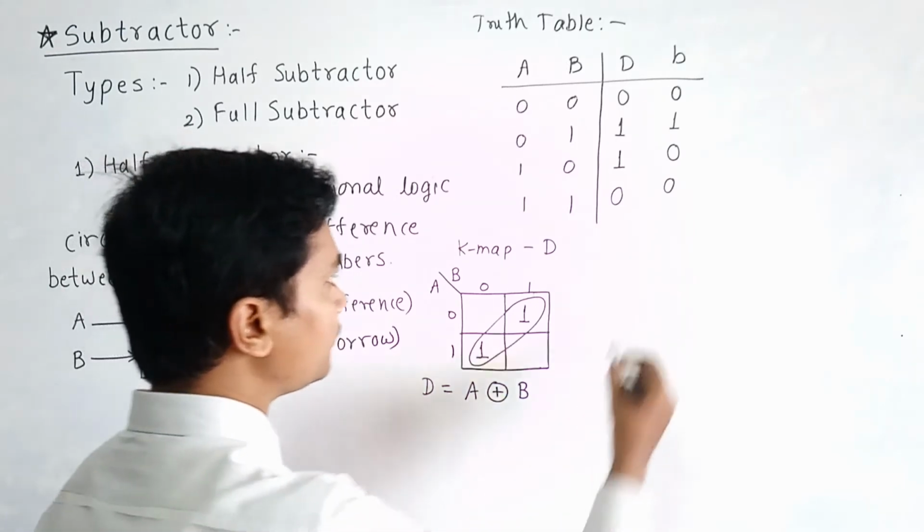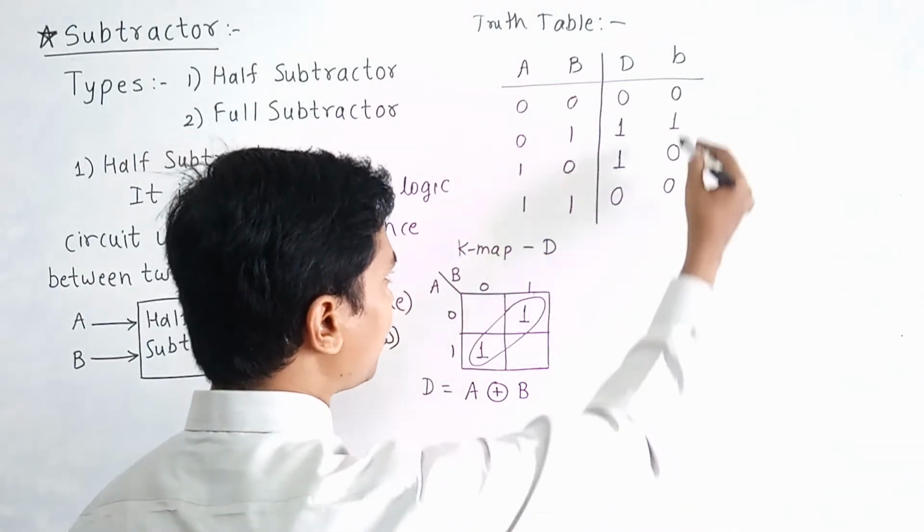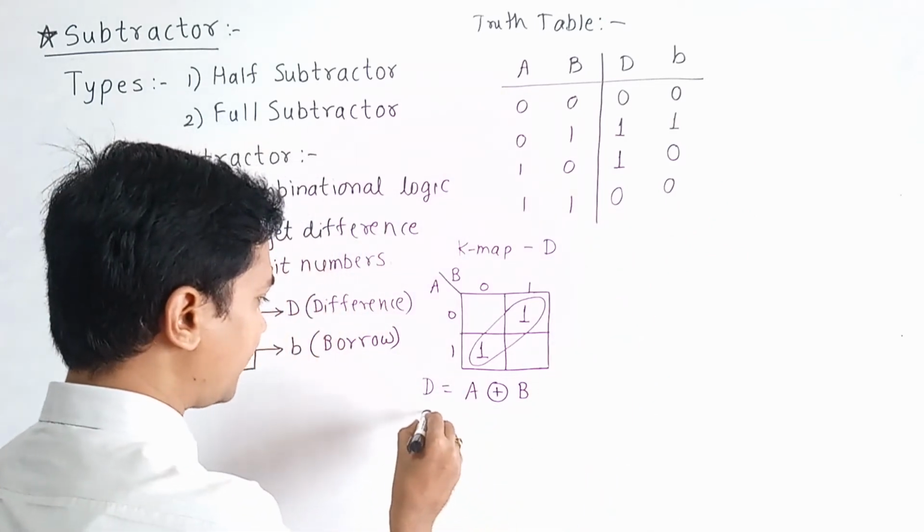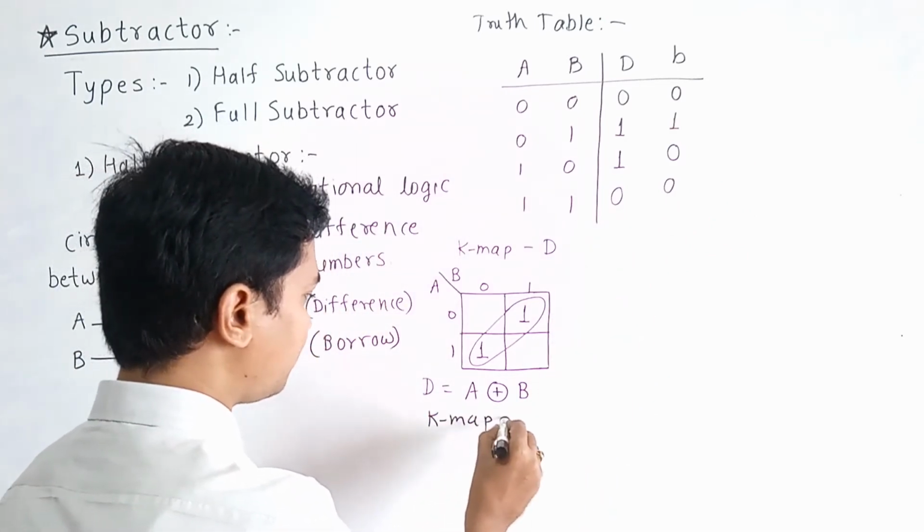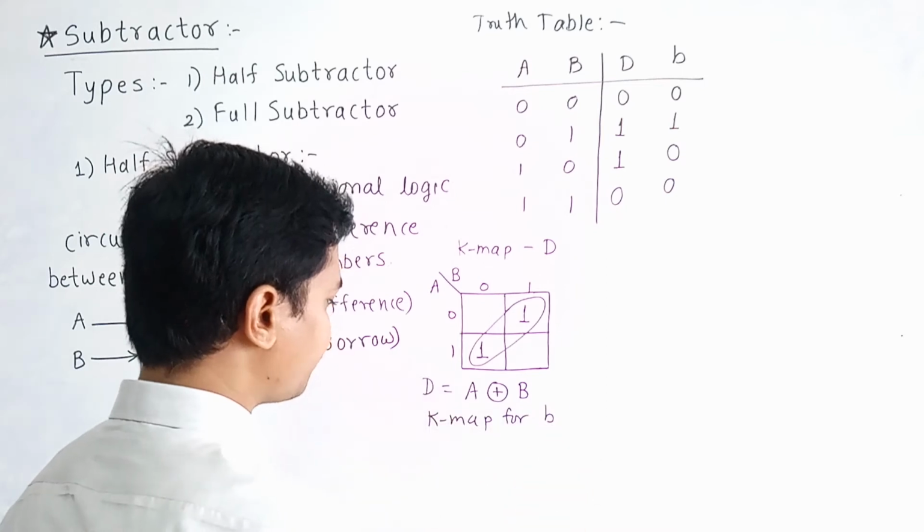So likewise we can obtain the equation for difference. Now the next step is we have to draw the K map for borrow also. So K map for B, okay.